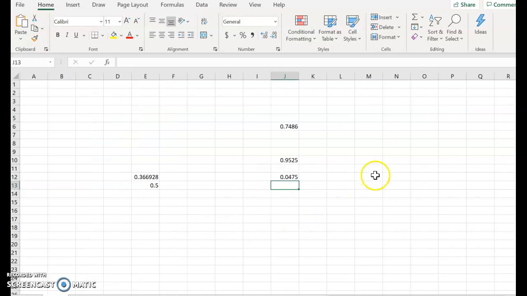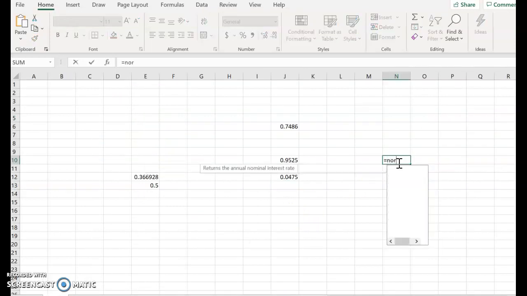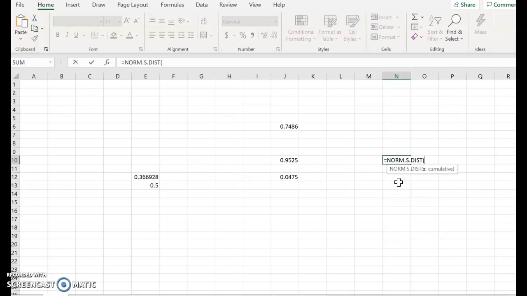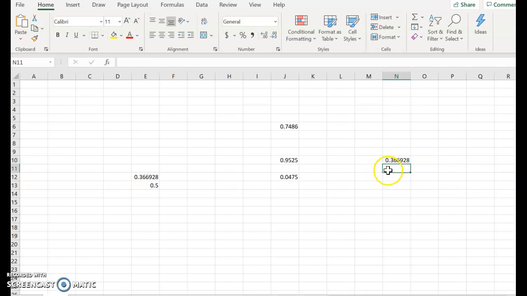So let's see what that number is. Let's do it right here. Equals norm, okay, so negative 0.34, true.